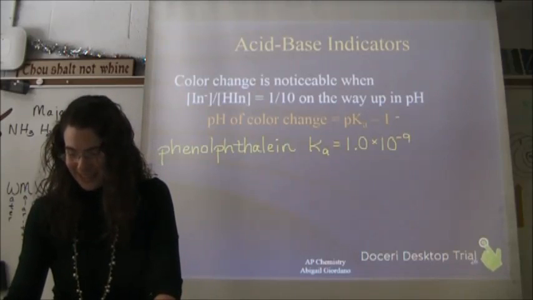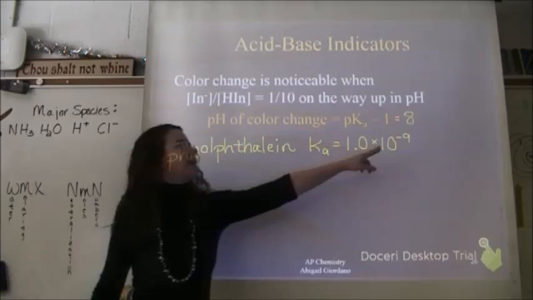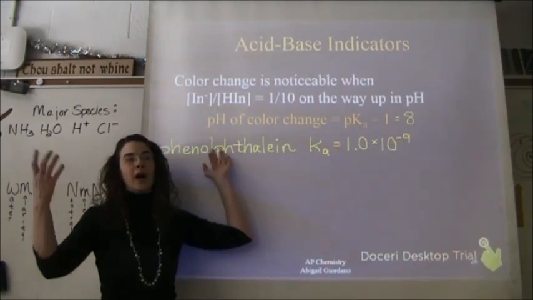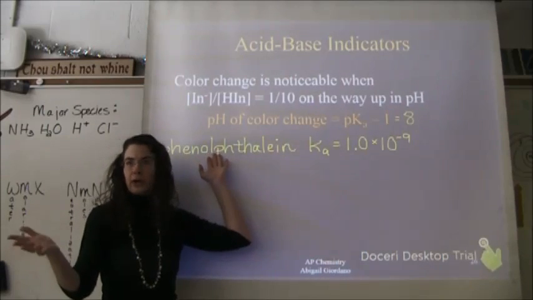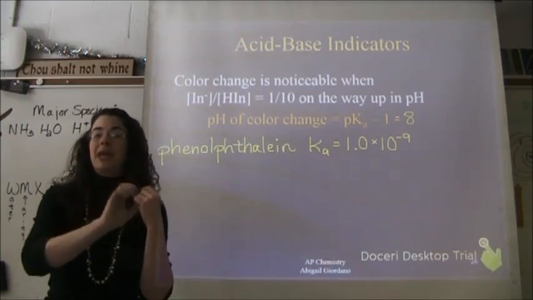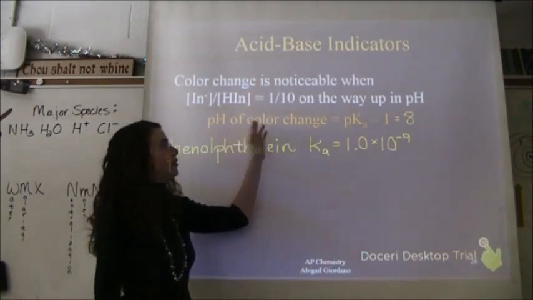You guys are good. Okay. So what does that even mean? That means this particular indicator, which goes from a clear color, an absence of color, however you think of it, to bright, bright, bright pink, magenta pink. When is that going to happen?